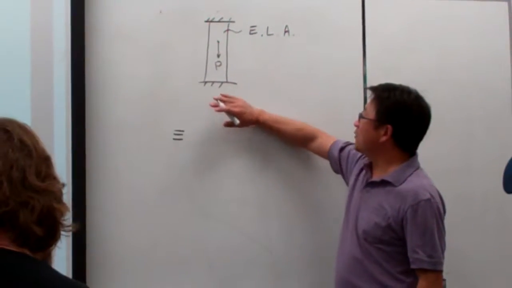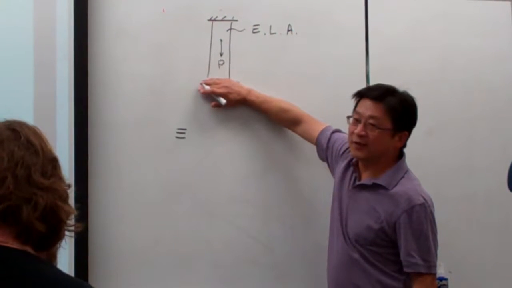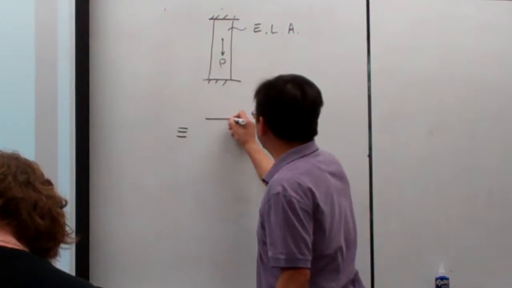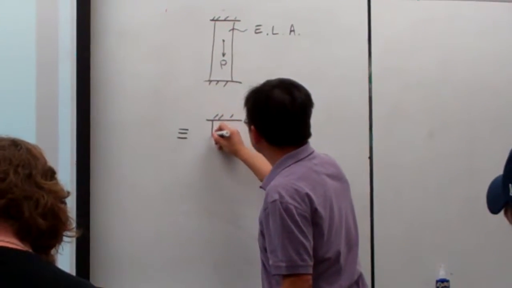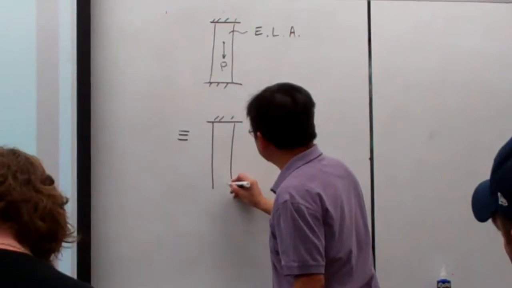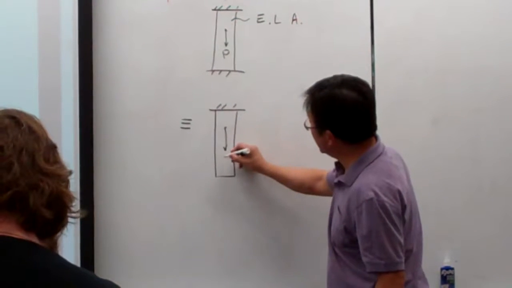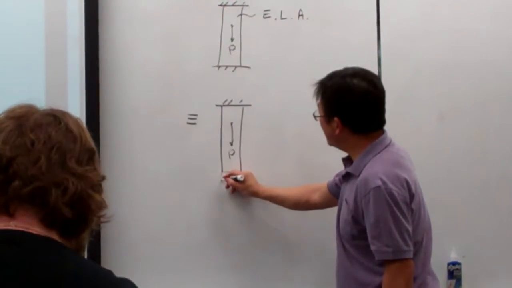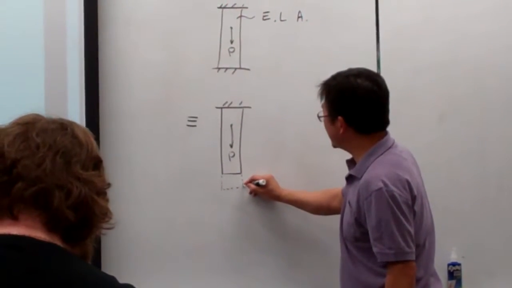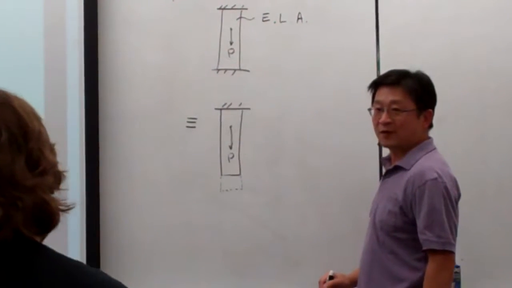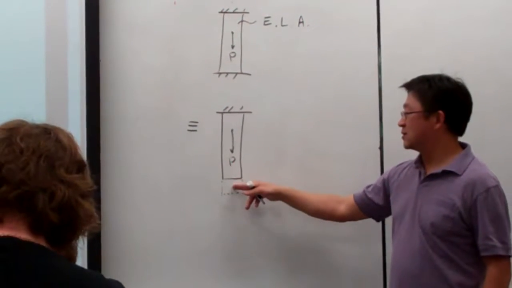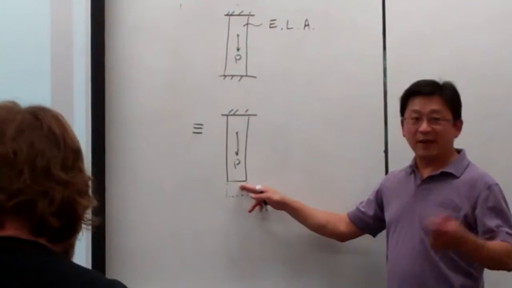For example, if there were no constraint here, then the problem would be something like this. This is the original length, and due to the application of the loading P here, this end will be stretched a little bit. I use a dashed line because this is virtual, I need your imagination.